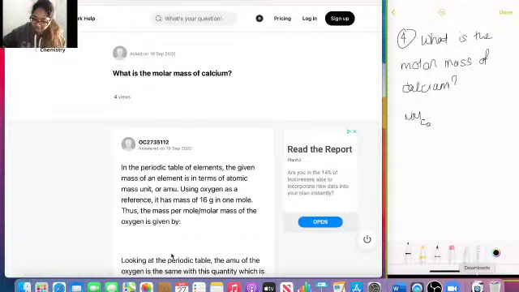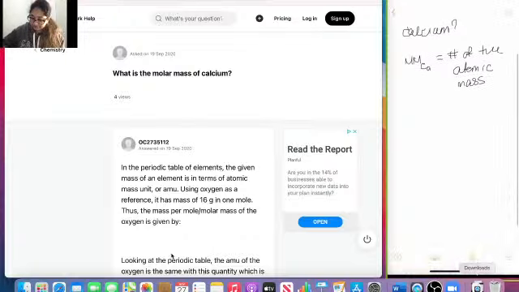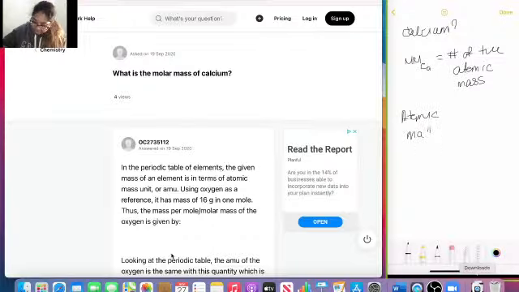To find the molar mass, you can say it is equal to the number of the atomic mass of that element basically. And if you recall, to calculate the atomic mass, you need the number of protons plus the number of neutrons.